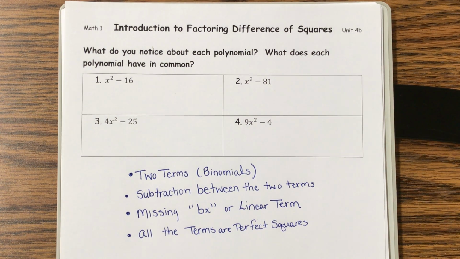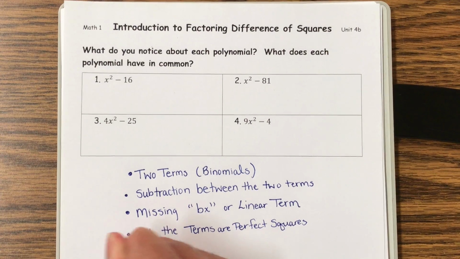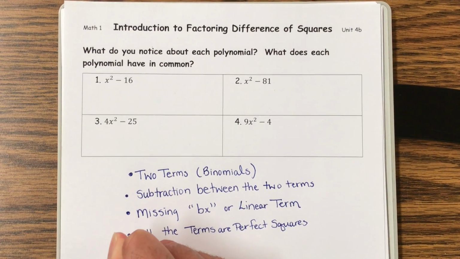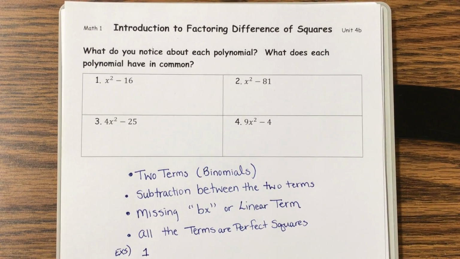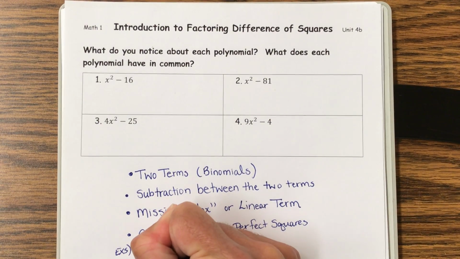So the first perfect square that you have is 1. Why is 1 a perfect square? Well, because 1 times 1 is 1.